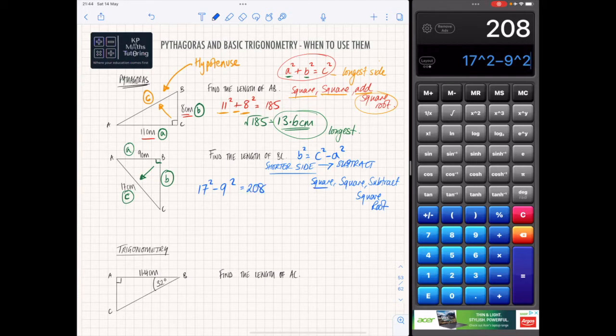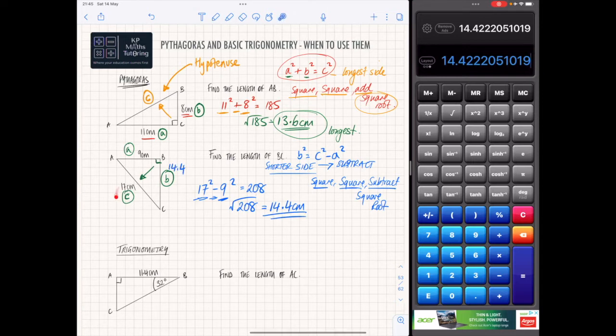So I've squared, I've subtracted, and then my last step, square root 208. So square root 208, and I get an answer of 14.4 centimeters. Now that looks like it makes sense to me because it's not longer than that side, and it would be in proportion to these two sides here.